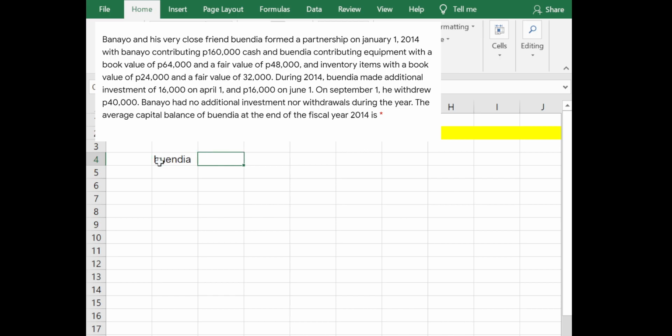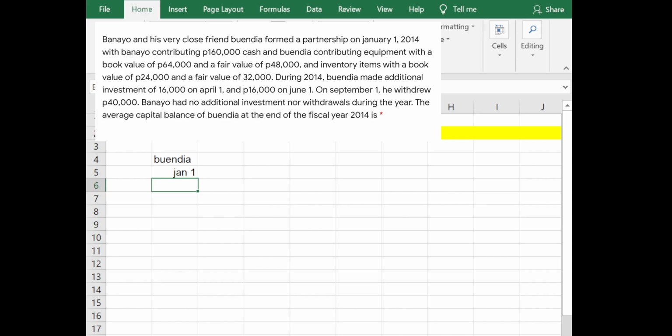Buendia has an original investment on January 1. For the average, we will use our process: we will count the months unchanged and multiply them by the running balance.